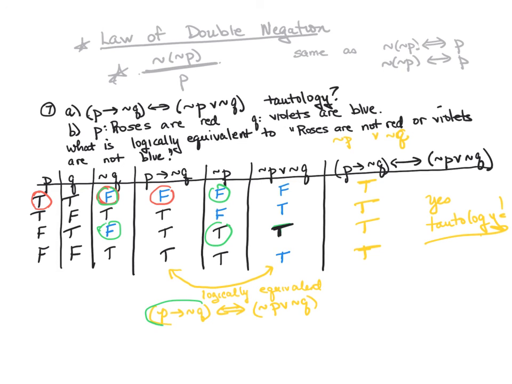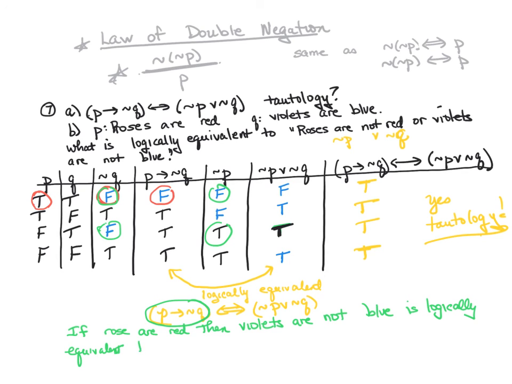So I look over here. So I could say, if roses are red, then violets are not blue, is logically equivalent to roses are not red or violets are not blue.